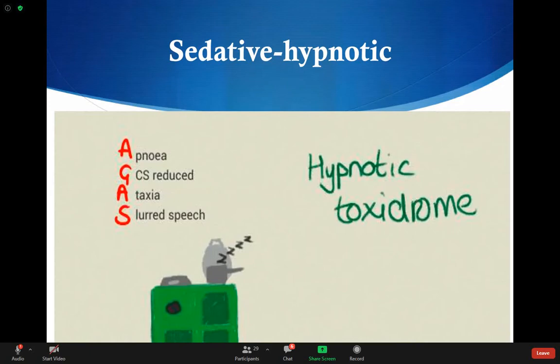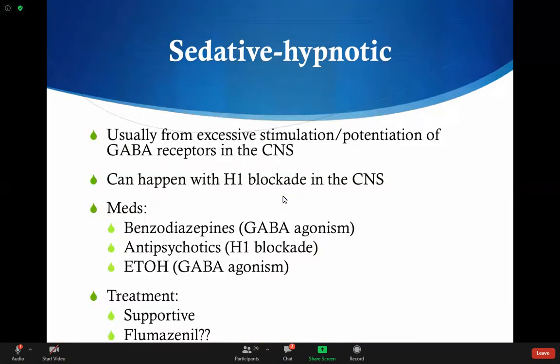The problem with sedative hypnotics is if you mix them, because then you get severe respiratory depression to the limit that the patient may need intubation. You can get hypotension, and the patient may go into cardiac arrest if they mix sedatives. So how do we treat these guys? Usually supportive care.